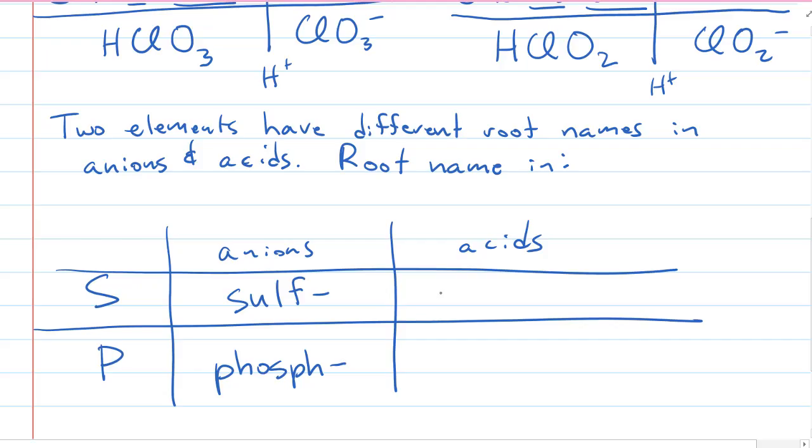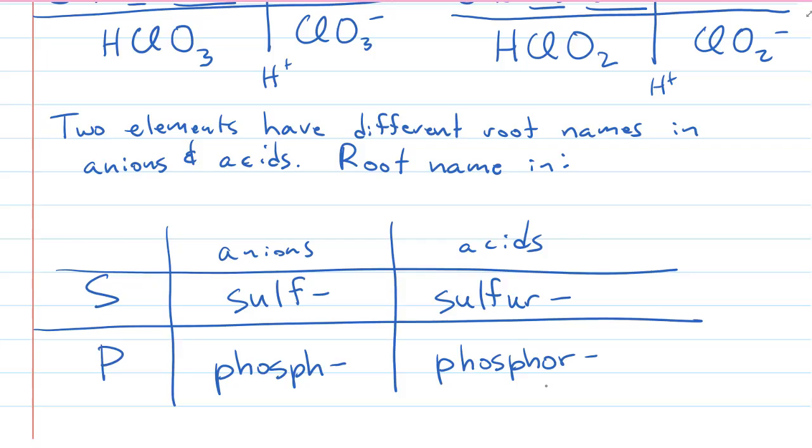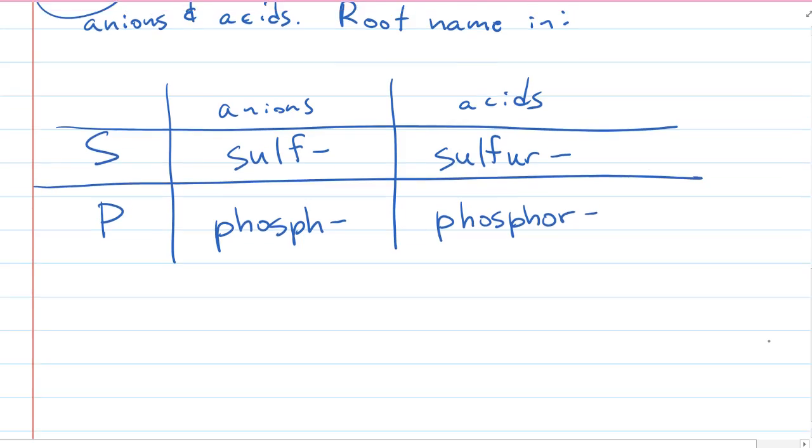In acids, they actually have 2 syllables. So the root name of sulfur in acids is sulfur, and the root name of phosphorus is phosphor. So we add on 1 more syllable, and it's only these 2 elements. All the rest of them, the root name stays the same. So we didn't change it. Chlor was always chlor, whether it was an acid or an ion.